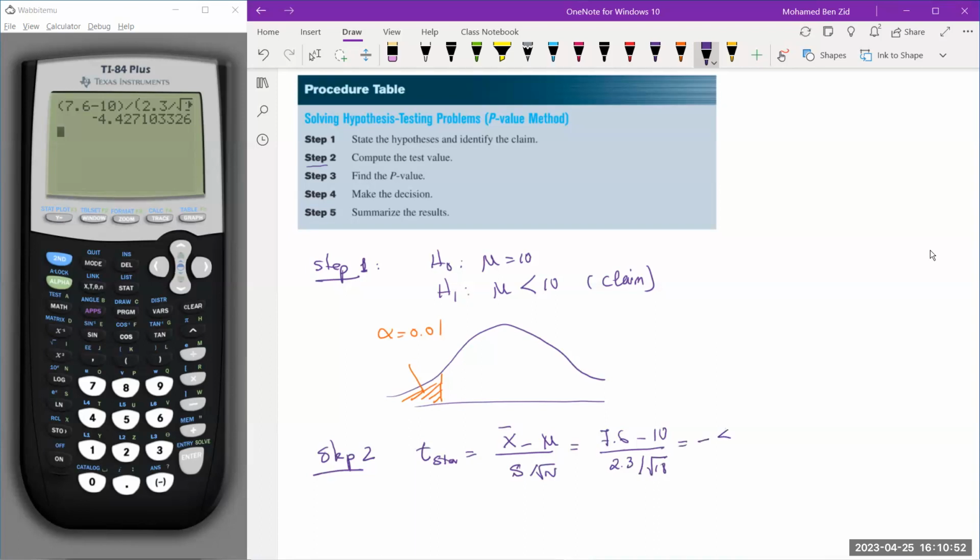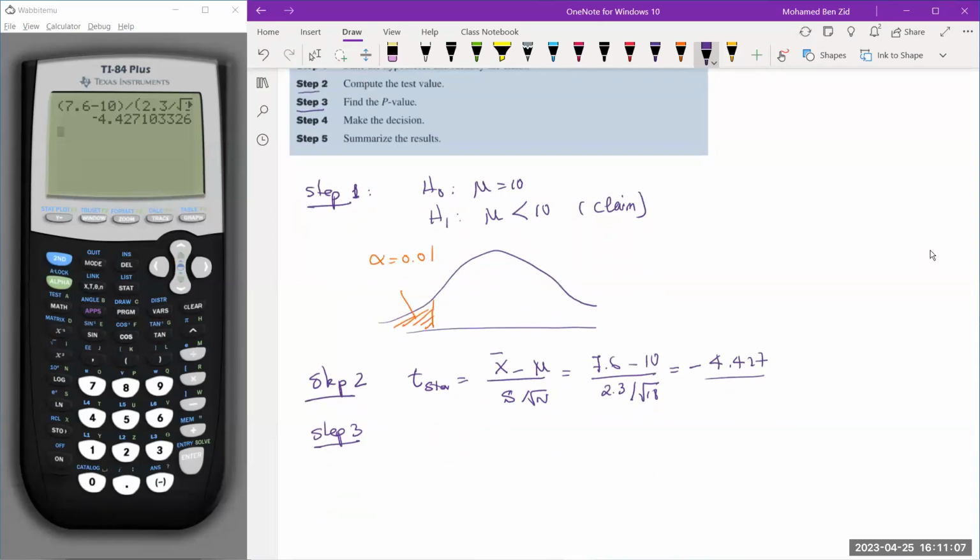And this is going to give me minus 4.427, right? Step number 3, we're going to find the p-value. So what we are saying here, the t is equal to minus 4.427, and degree of freedom is actually n minus 1, which is 17.